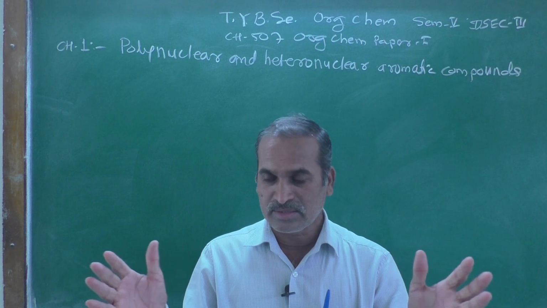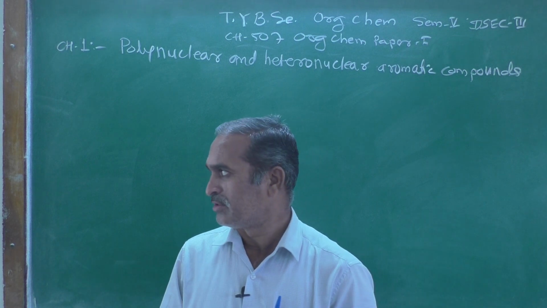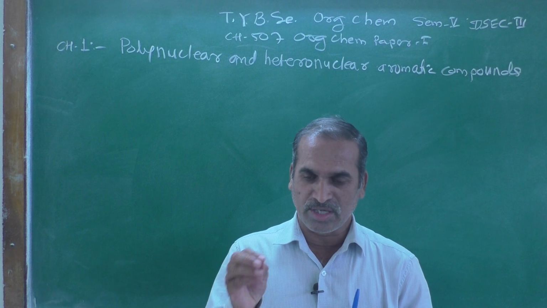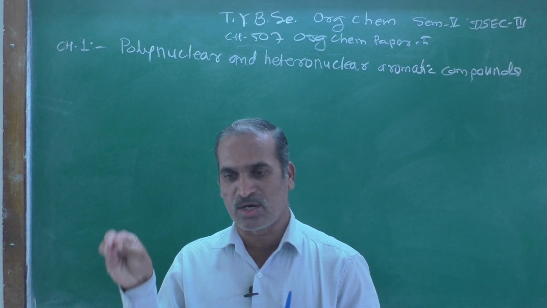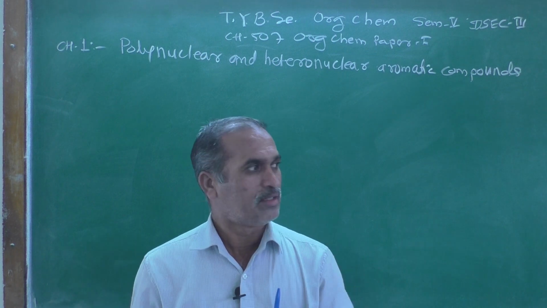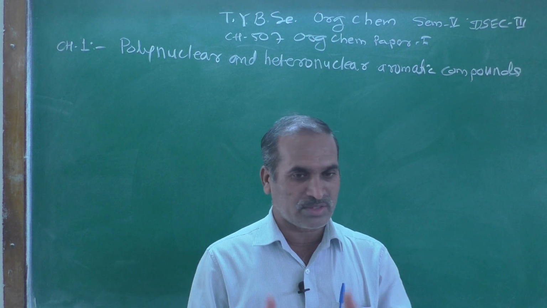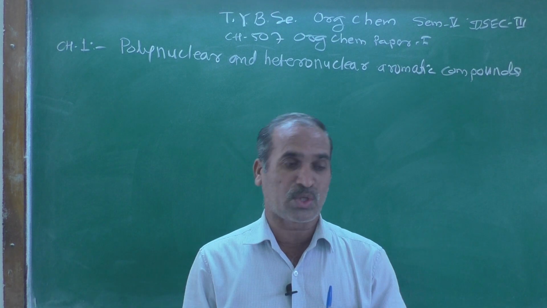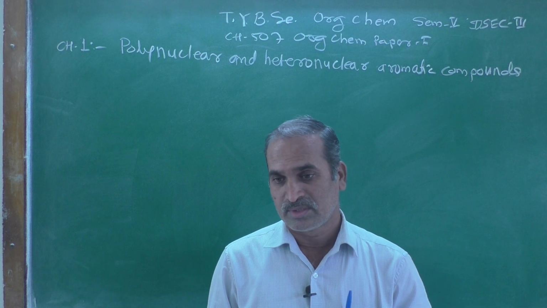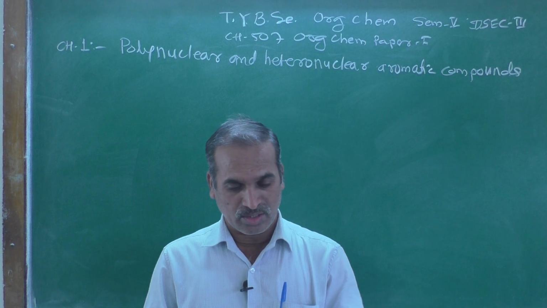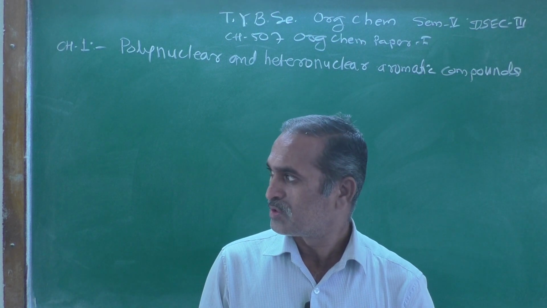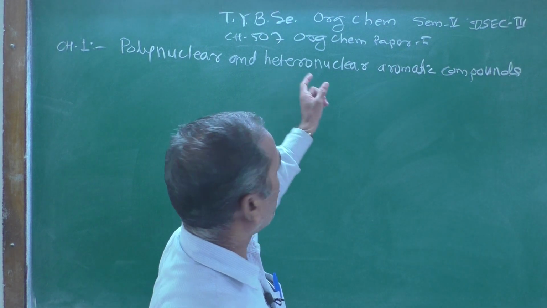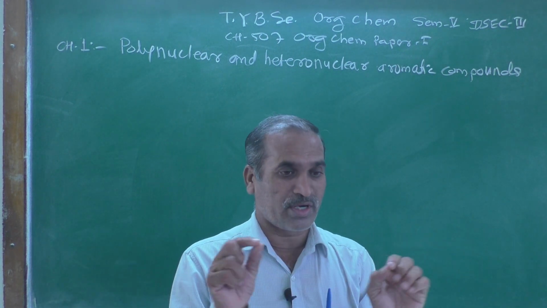And if more than 2 cycles come together, we can call it polycyclic or polynuclear. Homo means same carbon atom, and hetero means different atoms.